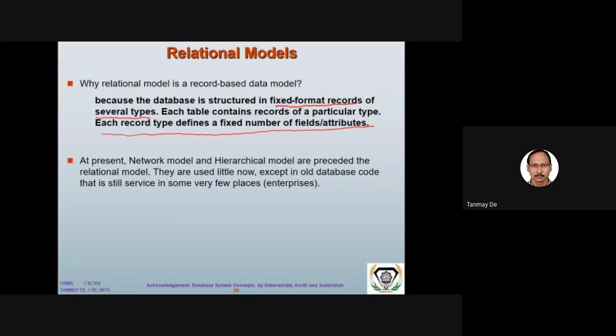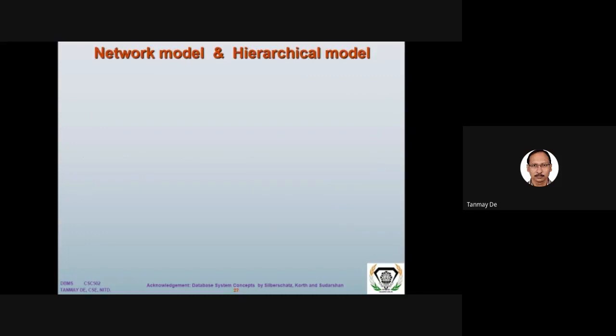As I already told, the network model is used at present by very few enterprises or organizations. In the network data model, data are represented by a collection of records. The network data model, as well as the relational and hierarchical data models, fall under the category of record-based logical data models.